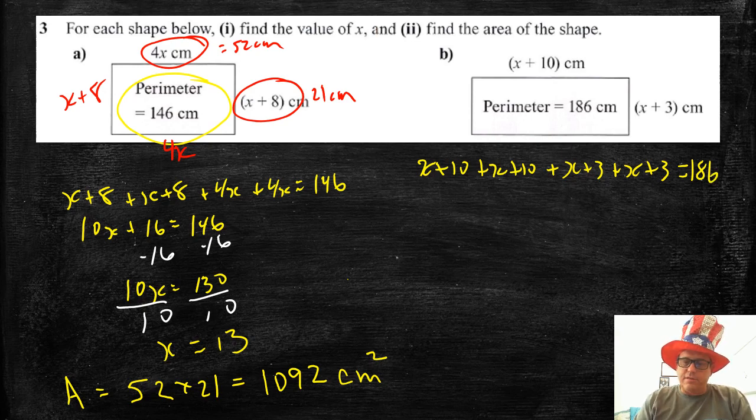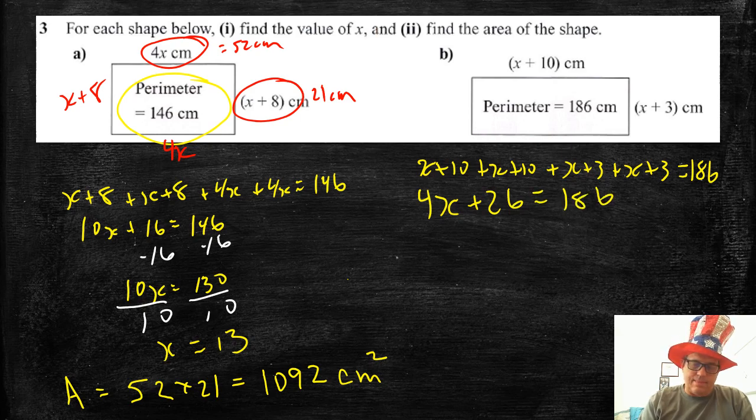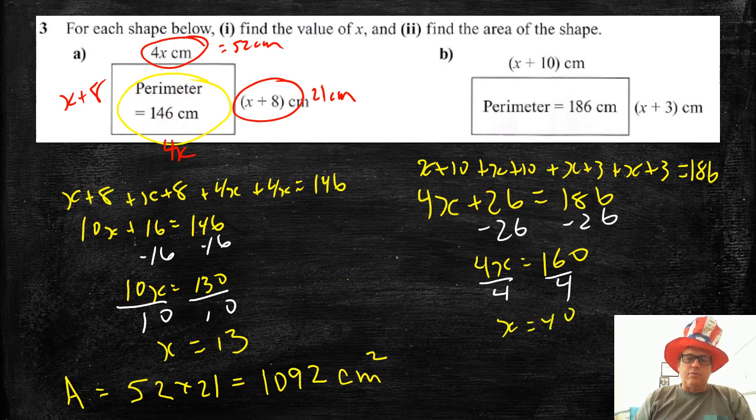Combine my like terms, x, I get 4x. 10 plus 10 is 20. 3 plus 3 is 6. X equals 40, that's the first thing.